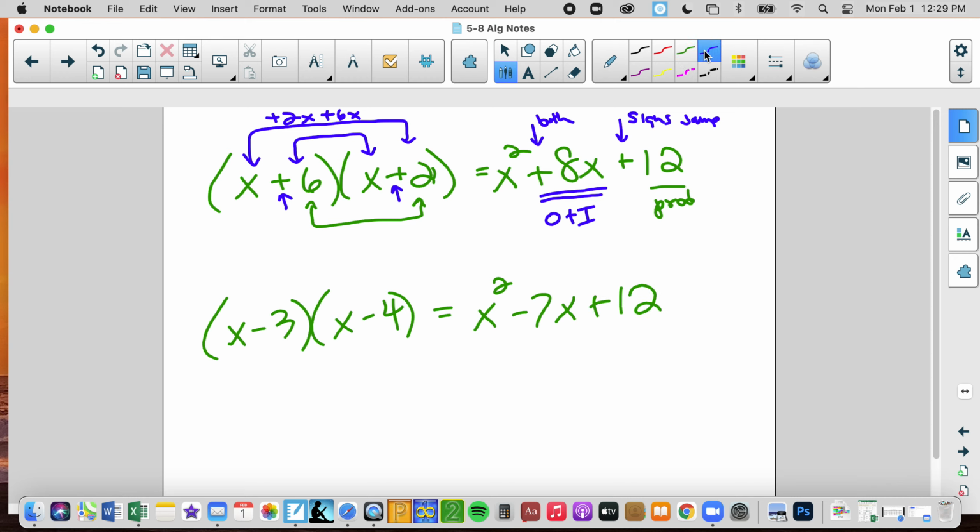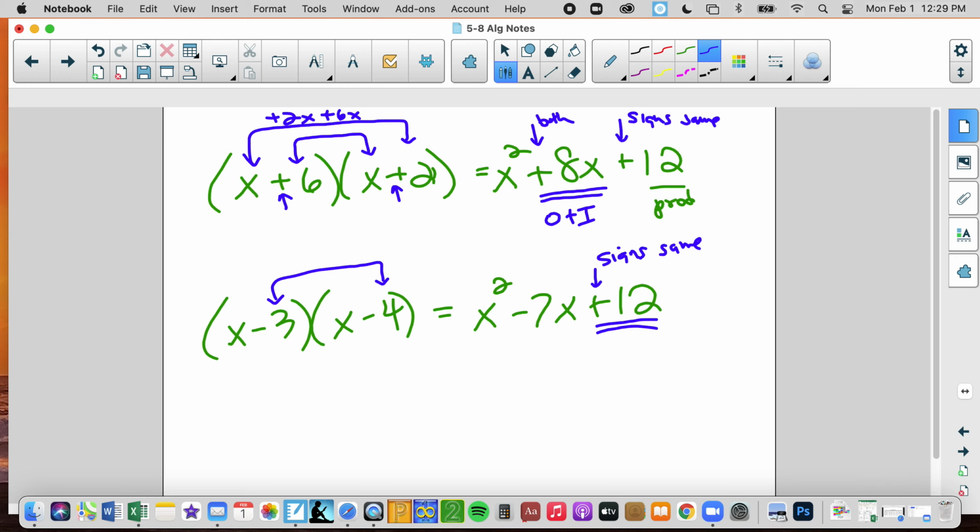Again, we know that since this sign is positive, the signs must be the same because this is a product. The only way you can get a multiplication that produces a positive number is if they're both negative or both positive. In this case, they're both negative. Negative 3 times negative 4 gives me positive.